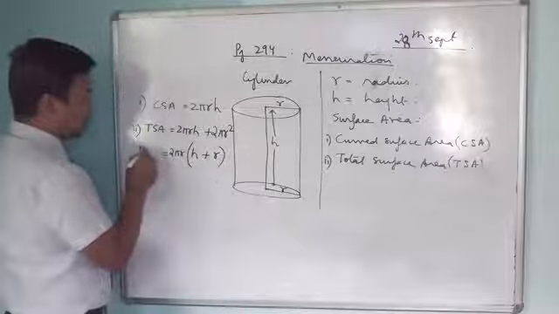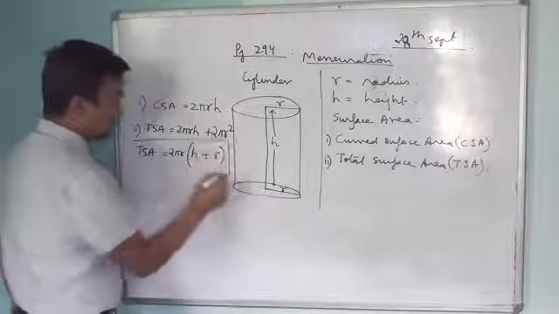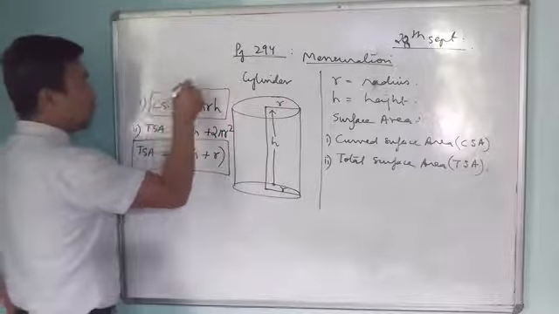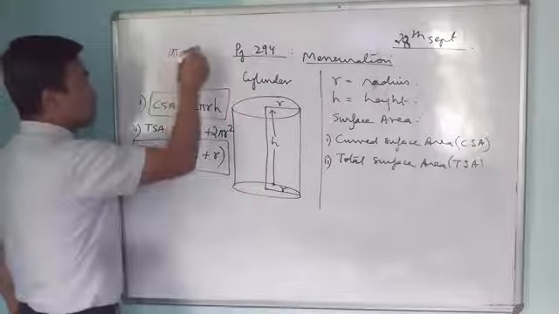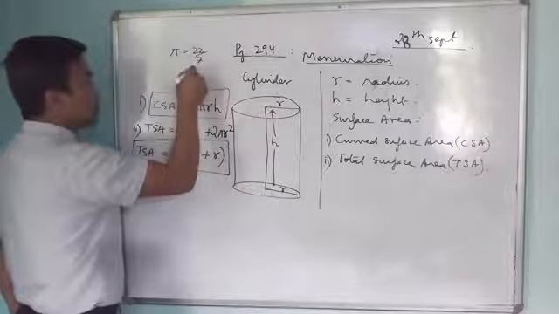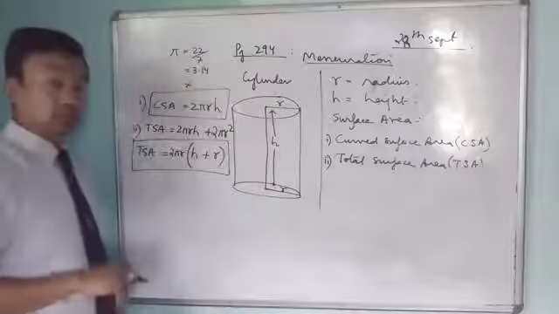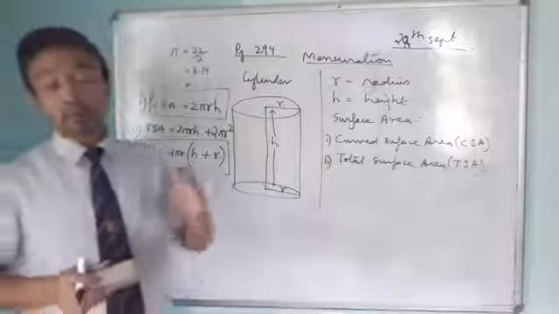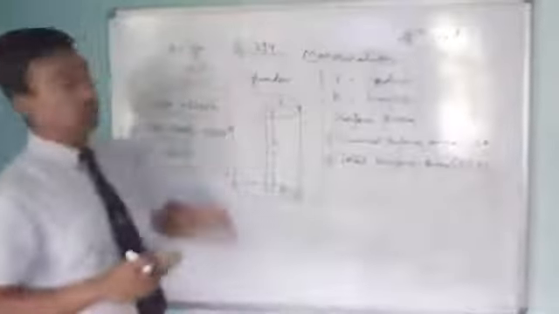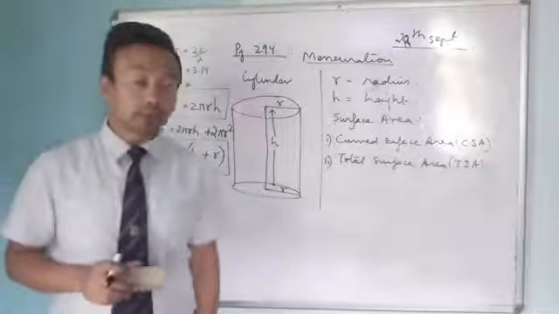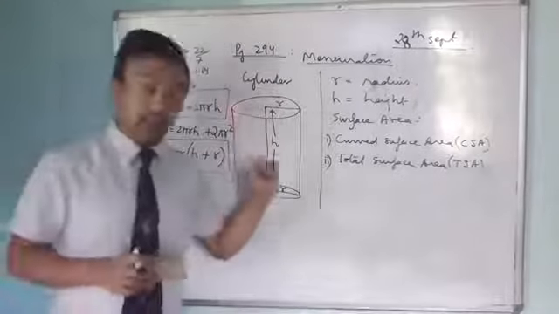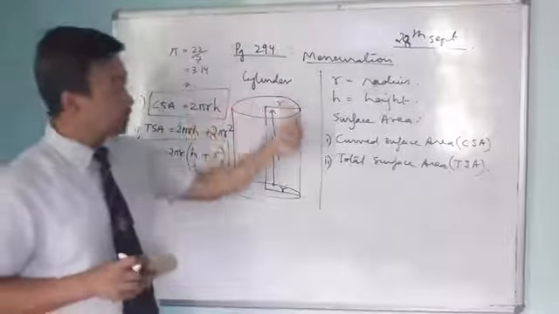So we have got the total surface area and the curved surface area. Please remember this, pi is 22 by 7 or it will be 3.14. Sometimes the value of pi will be given to you in the question. If it is not given, then you have to use 22 by 7. It is a constant. So these are the two areas you will get for the cylinder.